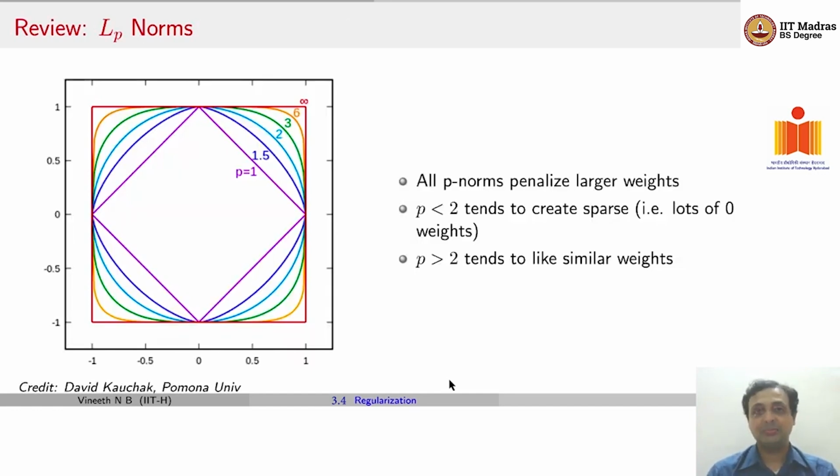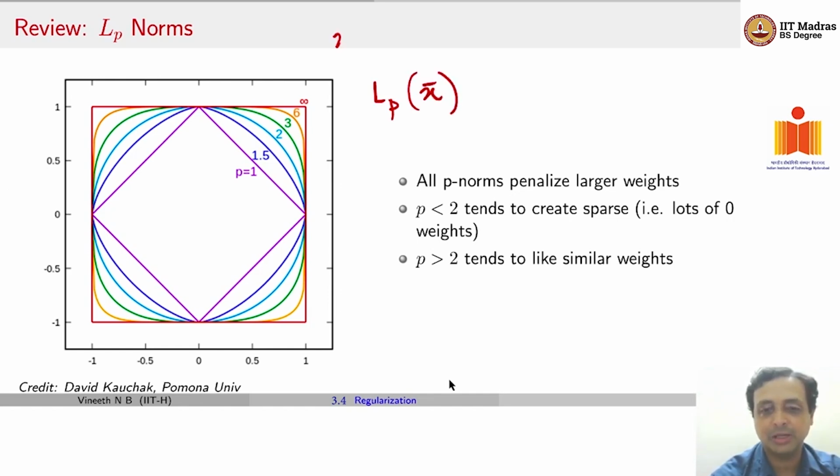We need one other concept to be able to follow some of the discussions in this lecture, which is the concept of LP norms. Hopefully you're all aware of this, but let's quickly review and then move forward. Remember, LP norm is formally written as LP of any vector x, let's say of d dimensions. Let's assume that x is a vector of d dimensions, x1 so on till xd.